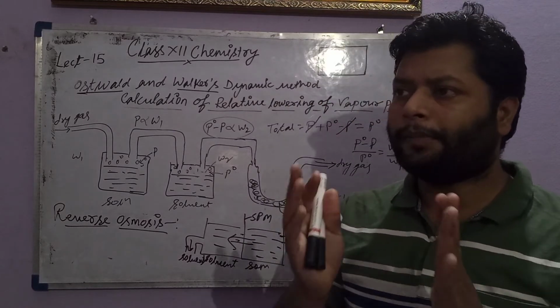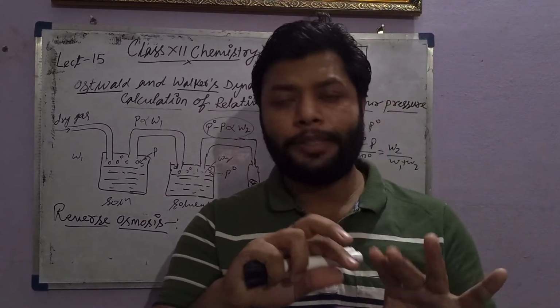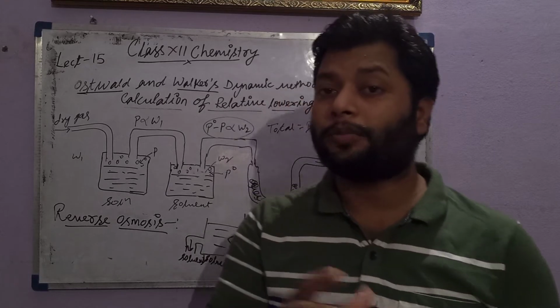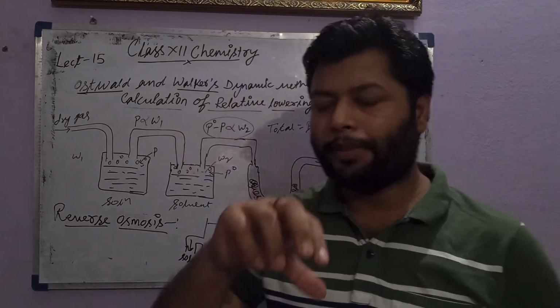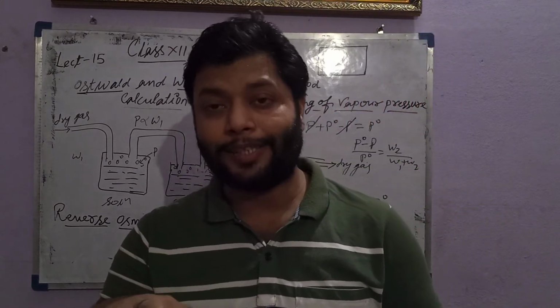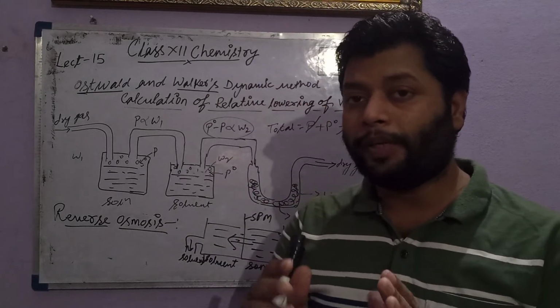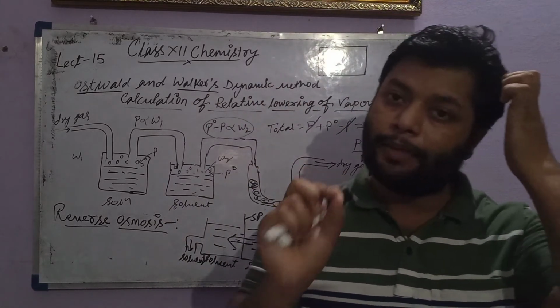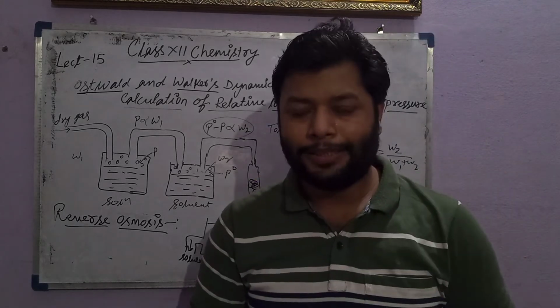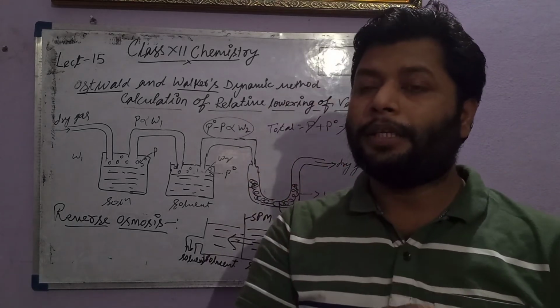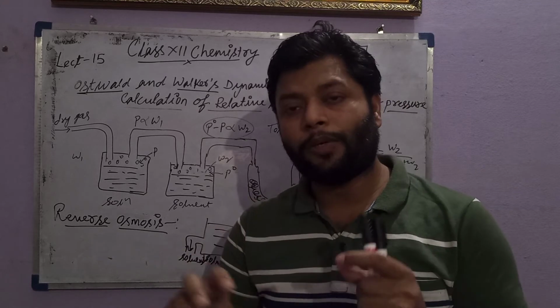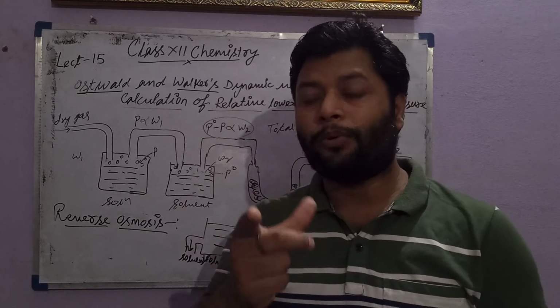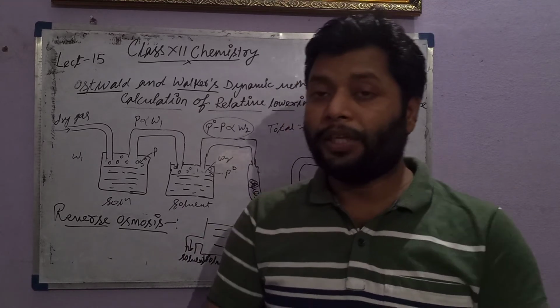Osmosis is the tendency to equalize the osmotic pressure between two different solutions which are separated by a semi-permeable membrane. So there is a tendency of equalization of concentration of both solutions.